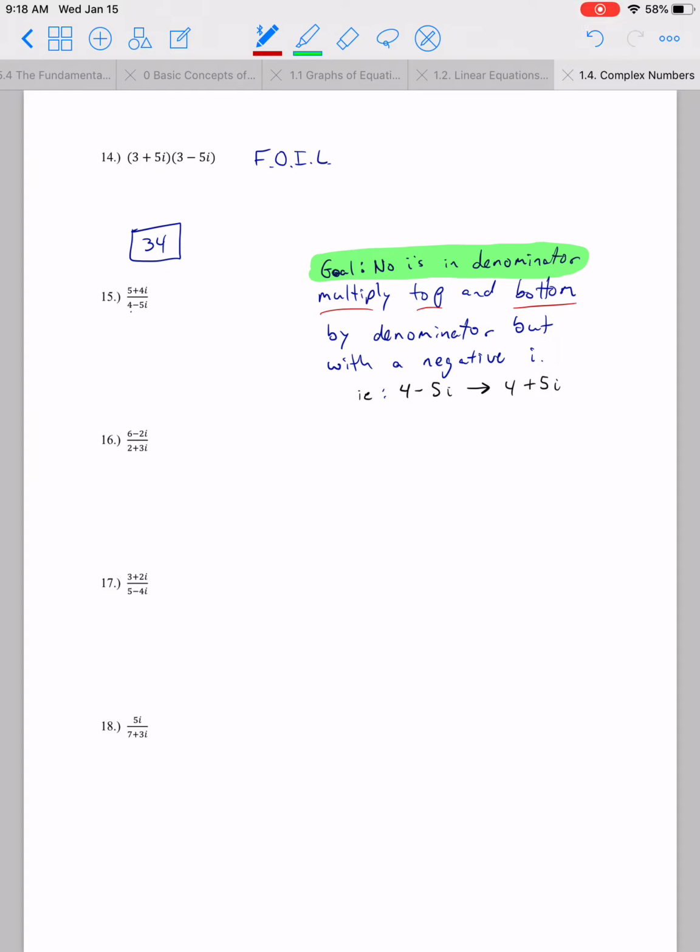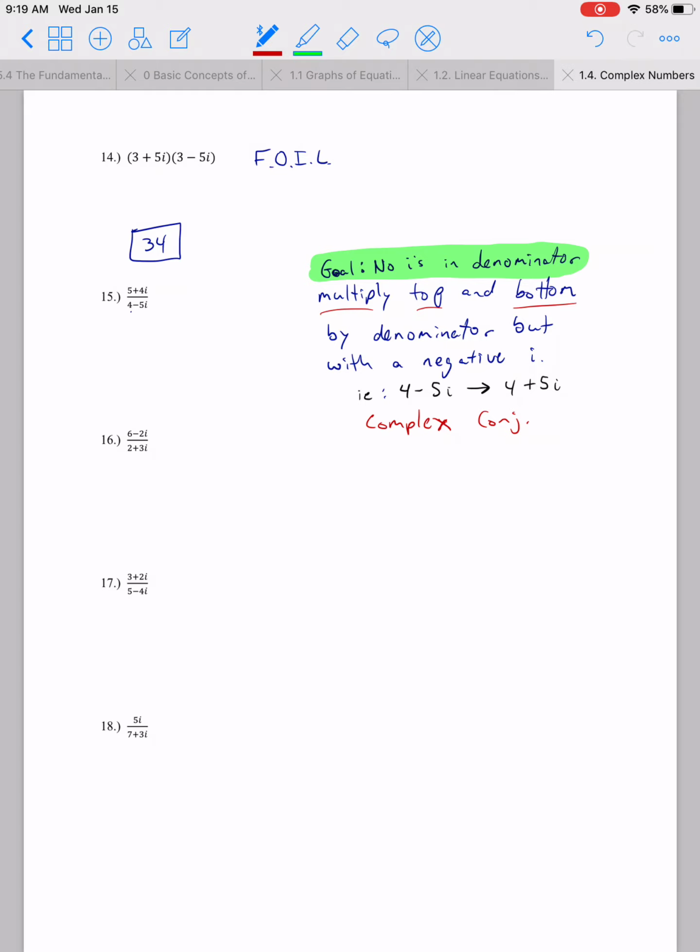In other words, you're making the imaginary part the negative of what it was. So here we have 4 minus 5i in the denominator, and we're going to multiply by 4 plus 5i. This is called the complex conjugate. Okay? That's what that is.